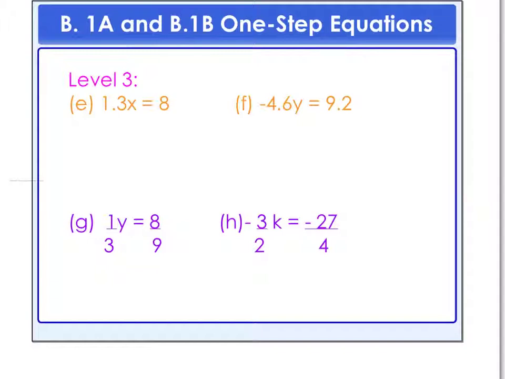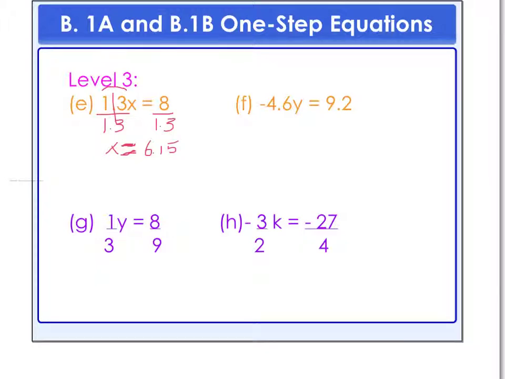So here we have 1.3x, and the 1.3 is connected by multiplication. To undo that, we do division, and this equals 8, so x equals 8 divided by 1.3, which gives us, I'm going to make this a squiggly, because it ends up giving us a decimal of approximately 6.15.